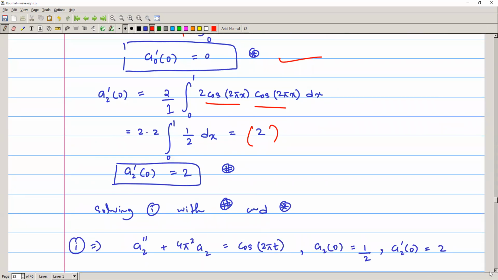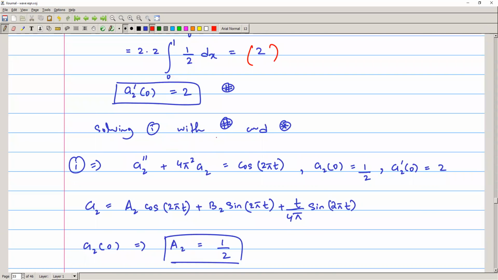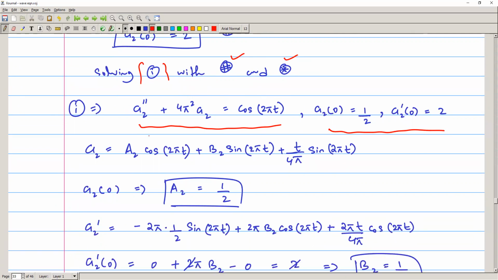Now we will use the equation, solving equation 1 with these initial conditions. This is equation 1. Here it is written. This is a second order non-homogeneous linear differential equation, so we can solve it easily. We will solve the equation. Here we will get the value of a2.